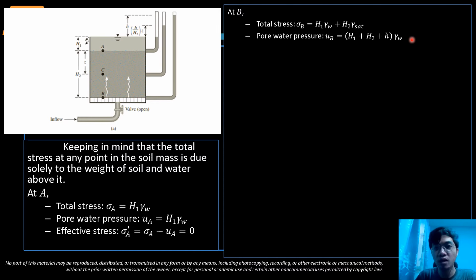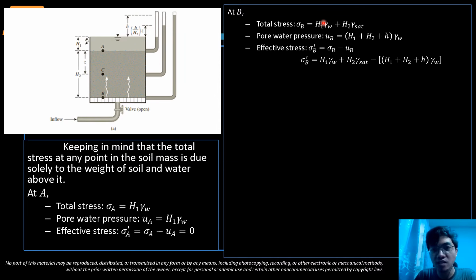Now for the effective stress at point B, again, difference lang yan ng total stress at pore water pressure. Alright, so substitute natin yung total stress natin, ito yon. Tapos yung pore water pressure natin, ito yun. So, substitute mo lang, minus ito. Alright. So, class, pag sinimplify mo to, i-distribute mo.